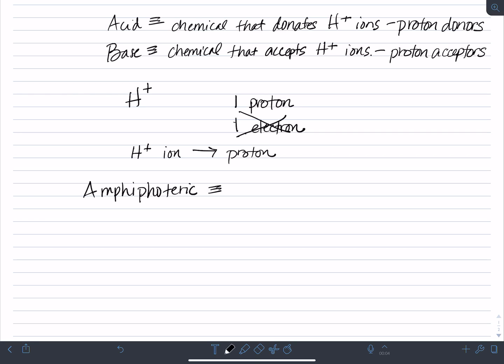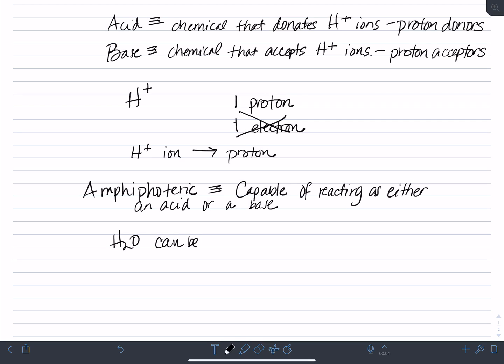And that means it's capable of reacting as either an acid or a base. Okay? The most common amphoteric substance is water. So water can be either an acid or a base.